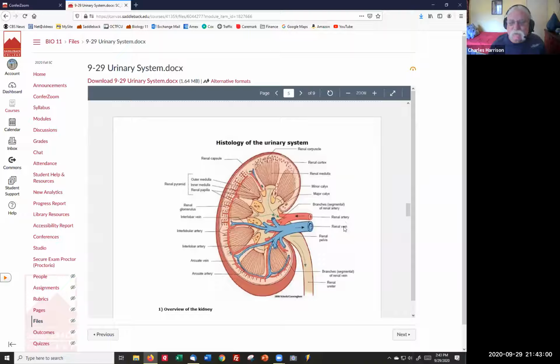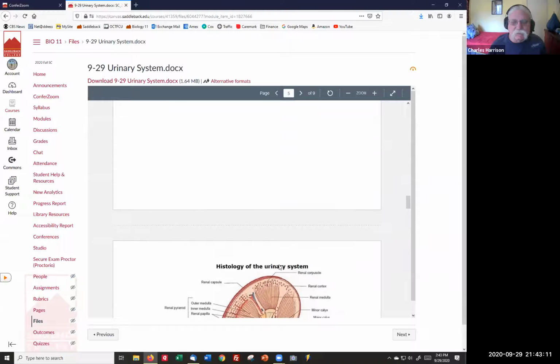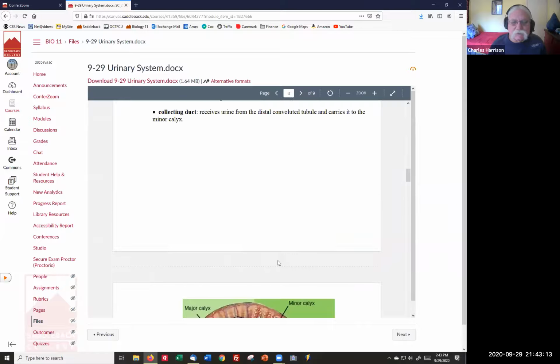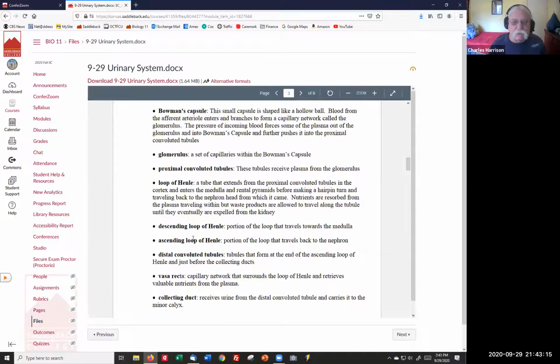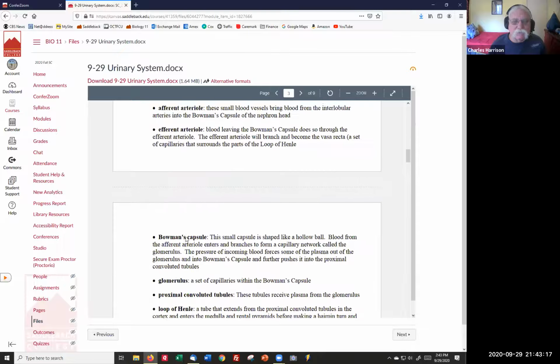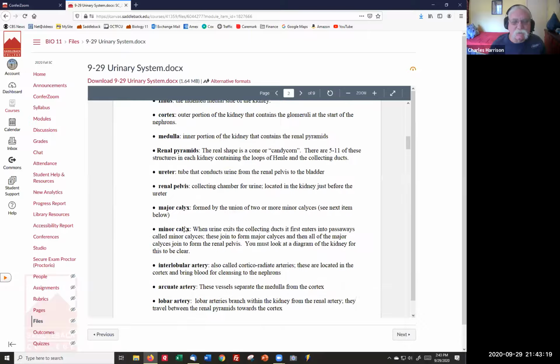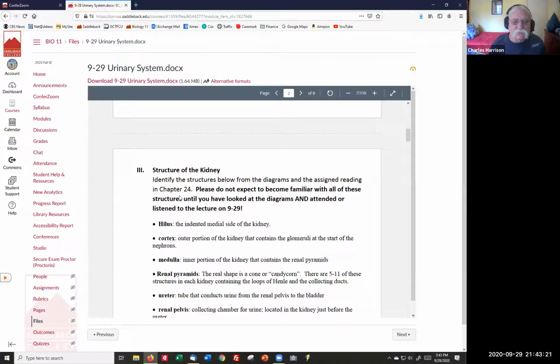The renal artery and vein are. The renal pelvis is, and the ureter. Okay, let's go back up now and see how many of those terms we've already caught. And we haven't caught all of them at all. Okay, structure of the kidney.